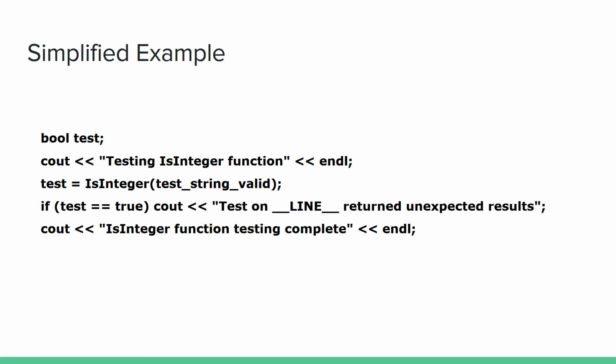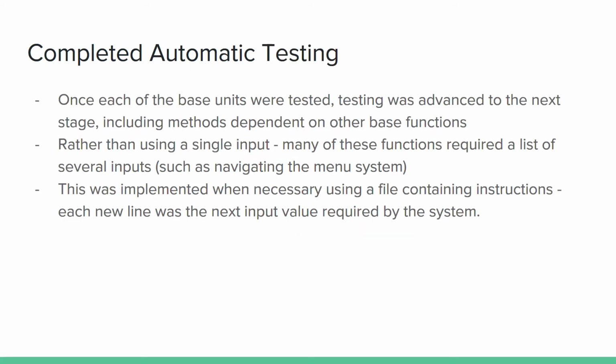And simple tests like this, or simple pieces of code written like this, really helped us understand what types of code were considered malicious and what types were considered non-malicious to the program at hand.